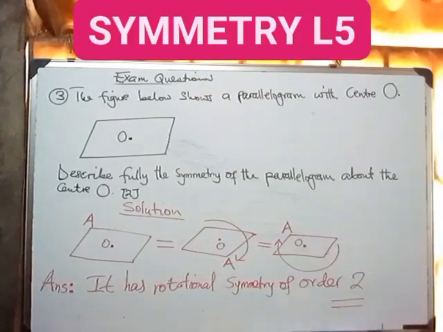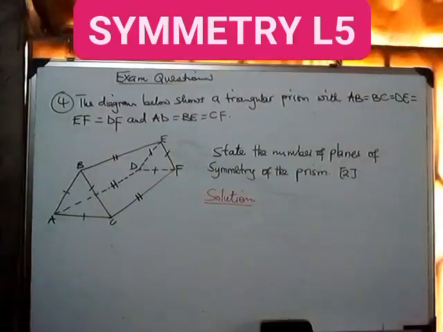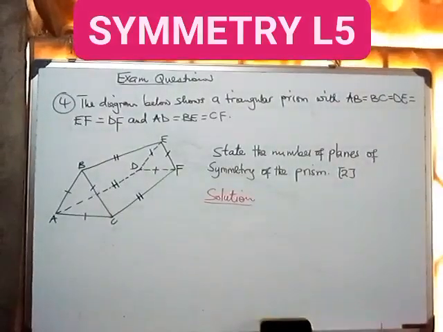Let's go to the next question, and probably this one will be our last. The diagram below shows a triangular prism with AB equal to BC, equal to AC, equal to DE, equal to EF, equal to DF.